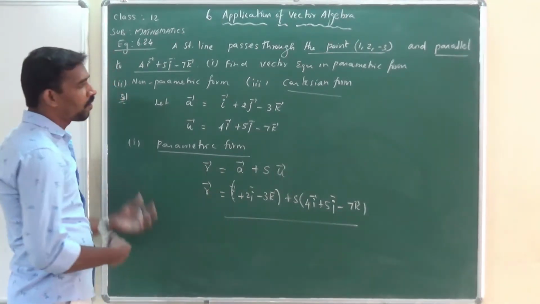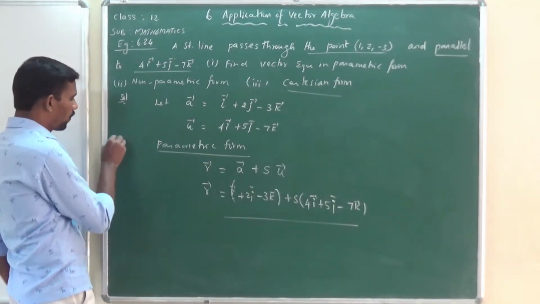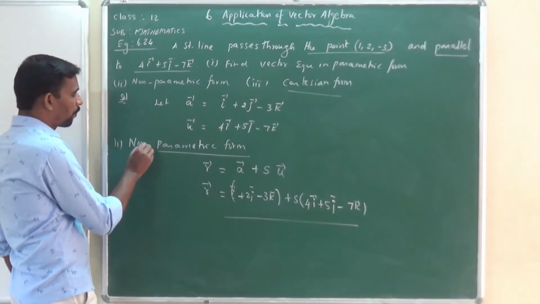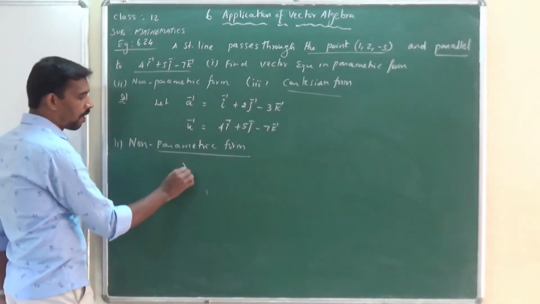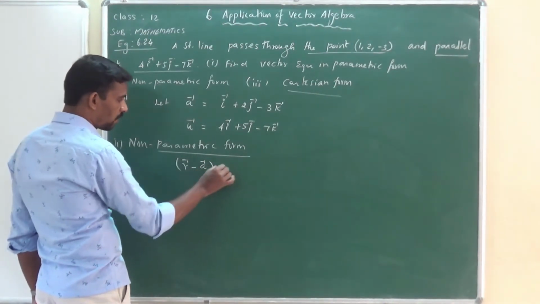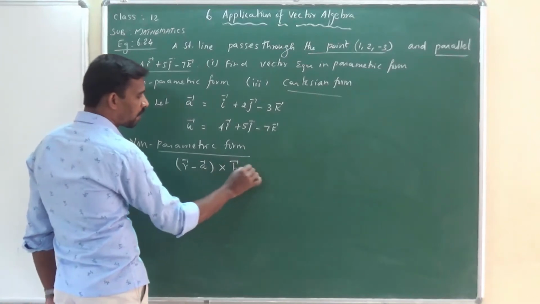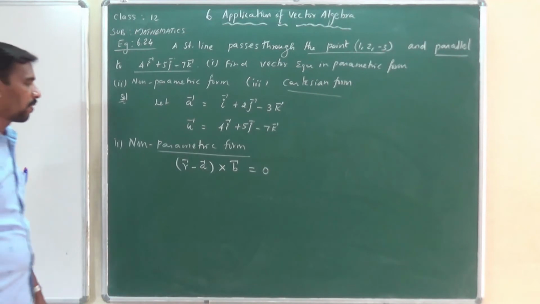Now we move on to the non-parametric form. What is the non-parametric form? The equation is (r vector minus a vector) cross b vector equals 0.